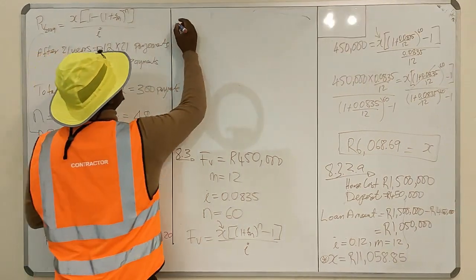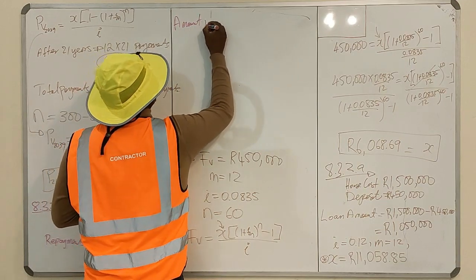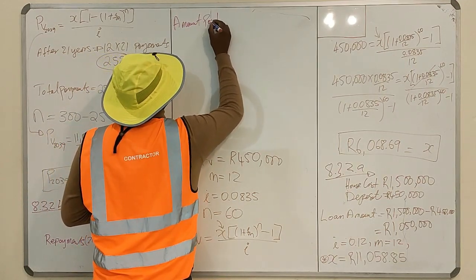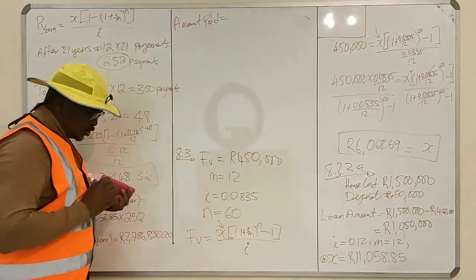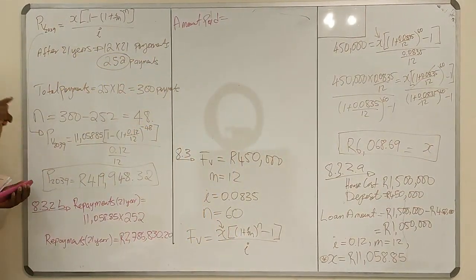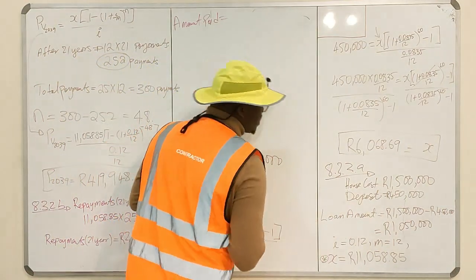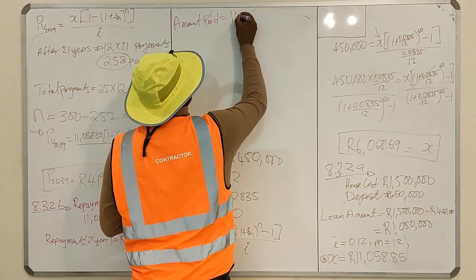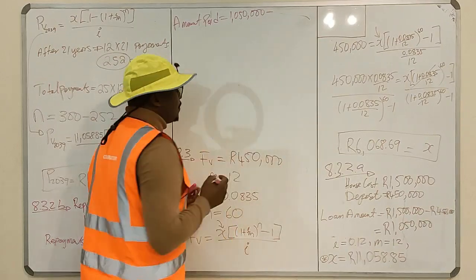You say, okay, the amount paid, which is the amount he paid into the loan. You're trying to find how much he reduced his loan amount by. At the beginning, the loan amount was 1,050,000, right? Minus, what are you subtracting?